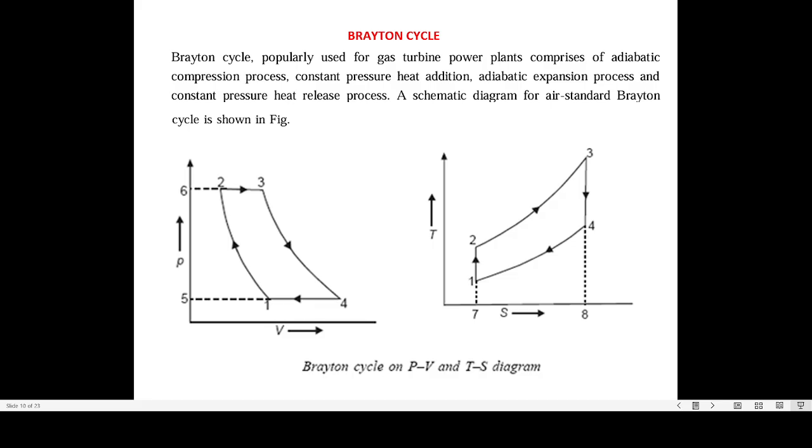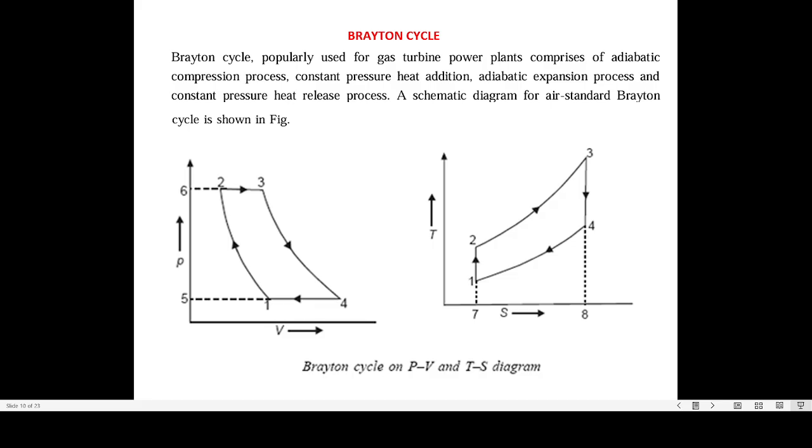The 4 processes in sequence: the adiabatic compression process, process 1 to 2. If we see the temperature entropy diagram, for process 1-2 the entropy is constant. Entropy at point 1 is equal to entropy at point 2. So it is essentially an isentropic compression process 1-2 for the air.